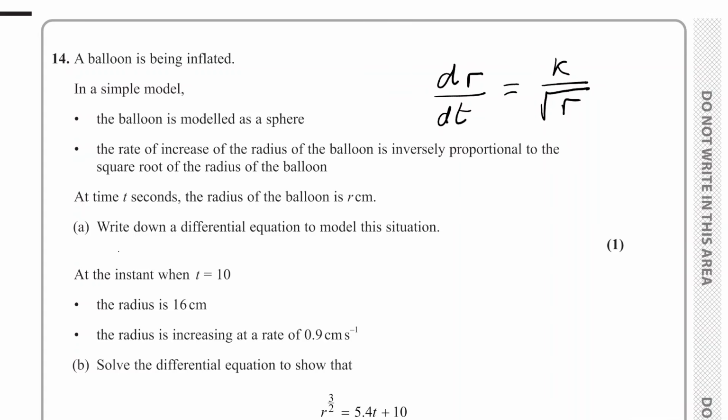That's what we've done. At the instant when t is 10, the radius is 16. The radius is increasing at a rate of 0.9 centimeters per second. Solve the differential equation to show this. So let's just make a note of that information. When t is 10, r is 16, and dr/dt is 0.9.